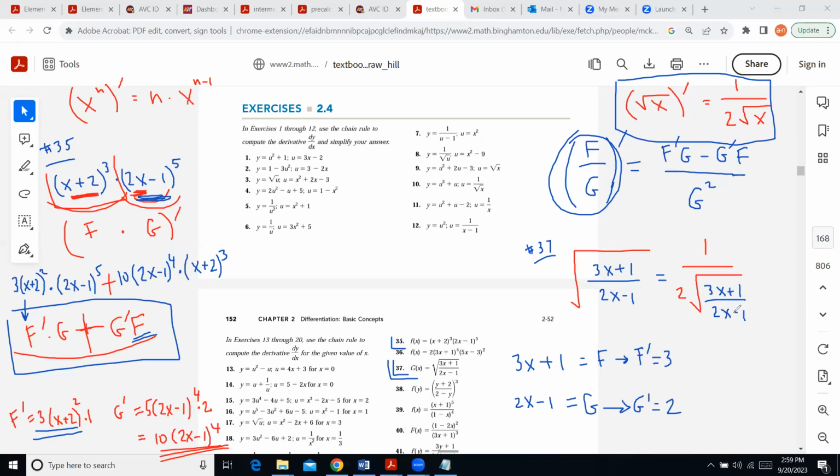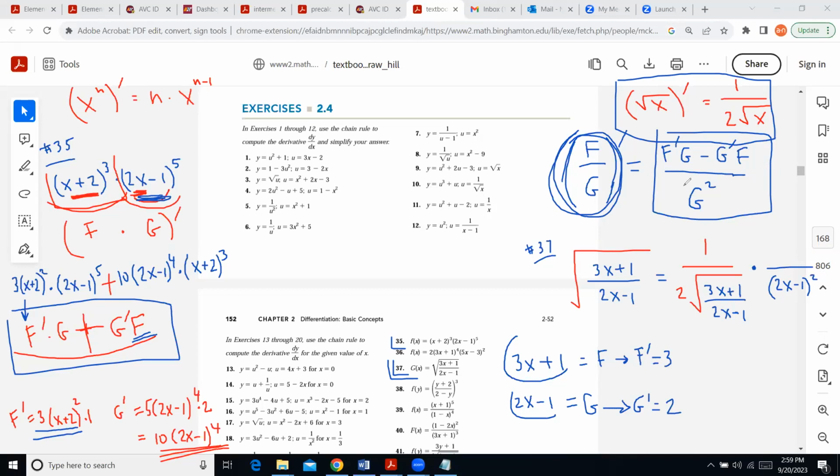And then we're going to have to multiply this by the derivative of a quotient, which is up there. And that's my quotient in here. So here's f, here's g. So I'm going to have a g squared, which is 2x minus 1 squared on the bottom. See, I have to have plenty of room to write this down.